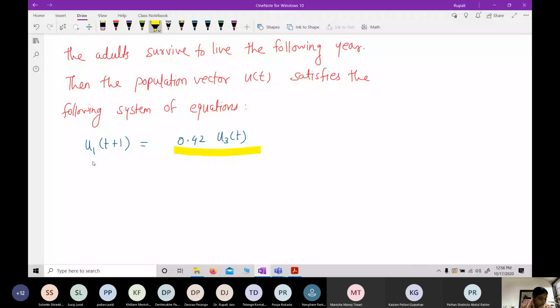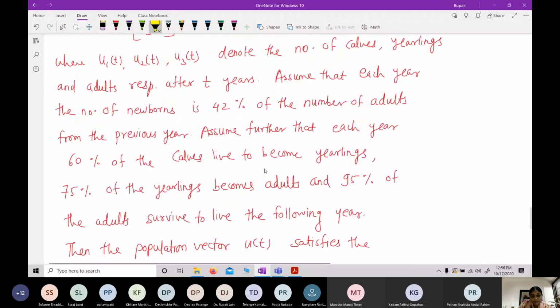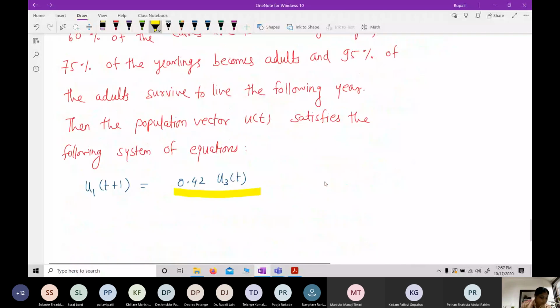Yes, ma'am. Yes. What is next assumption? Assume further that each year 60% of the cows live to become yearlings. म्हणजे जे वासरू आहे त्याच्यातले 60% इयरलिंग्स होतात. म्हणजे इयरलिंग्स पुढच्या वर्षी किती इयरलिंग्स राहतील?